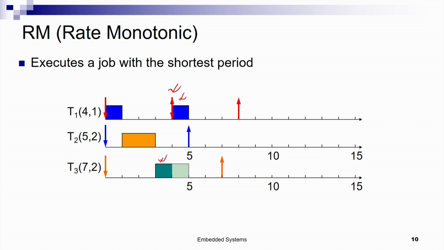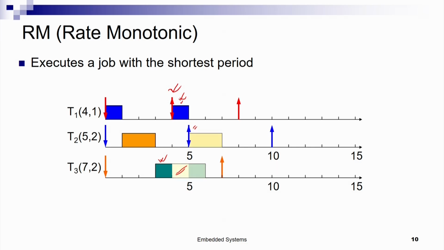So, T1 executes between 4 and 5 and it completes its second job at time 5. Now, at time 5 the second job of T2 arrives. Because T2 has a shorter period than T3, the remaining execution of the first job of T3 has to be further postponed.